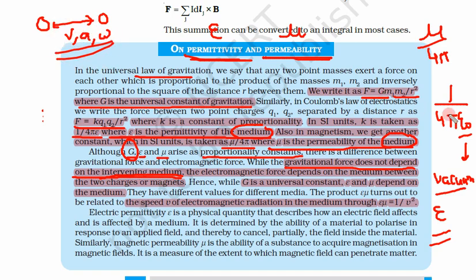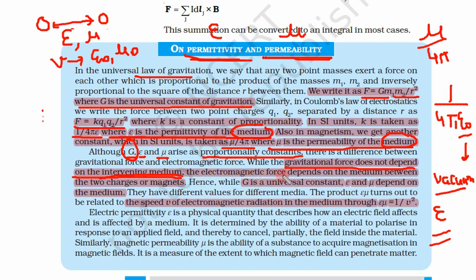But if there is an electrostatic force or magnetostatic force, then ε and μ will change with the medium. For vacuum these are ε₀ and μ₀, and for other materials they will change. So this depends on the medium.